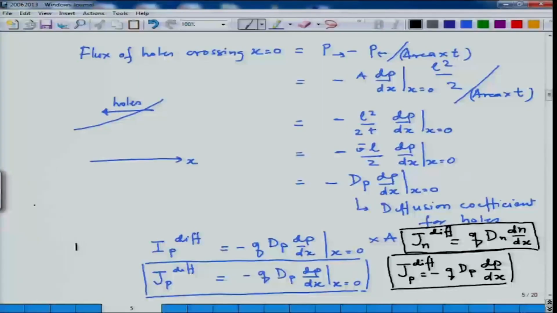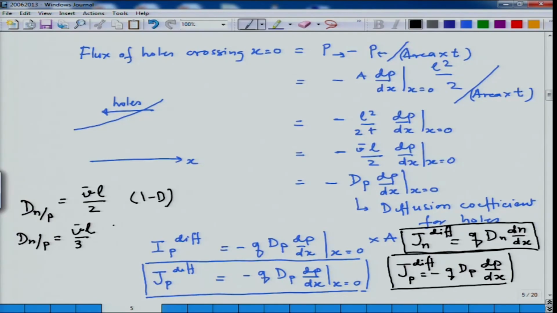If one does a more exact modeling and assumes that the carriers can move in all three directions, then the diffusion constant that we got here, whether n or p, which has a value of V bar L divided by 2 for a one-dimensional problem, would be given by V bar L by 3 for a problem where the motion in all 3 dimensions is considered.